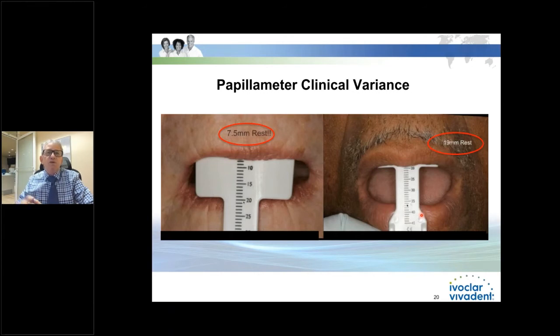Now, what I want you to really notice is the difference between these two patients. At their low lip line here on the left is only 7.5. You look over here to the right, 19 millimeters. And guess what?